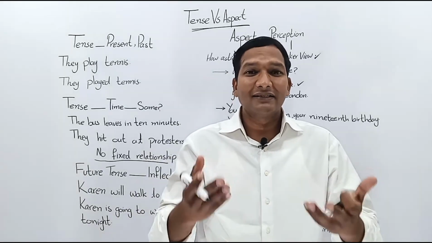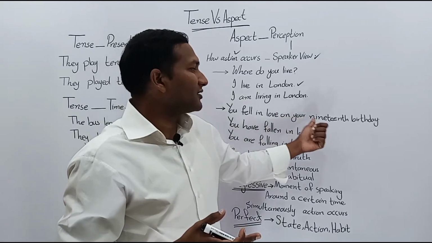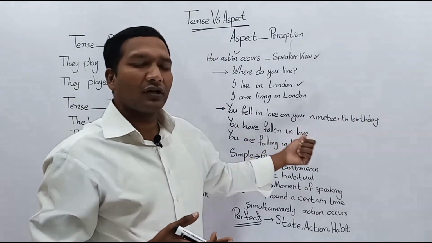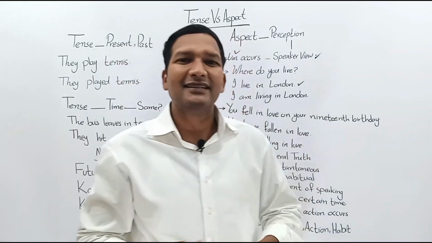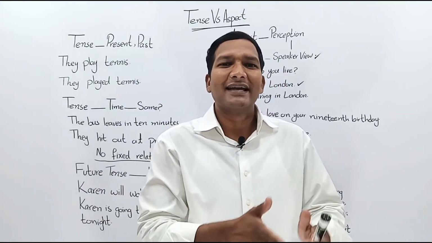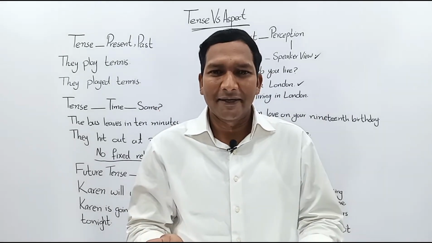Now I have another example for you. You fell in love on your 19th birthday. You have fallen in love. You are falling in love. The first sentence expresses an event which has taken place in past on your 19th birthday.